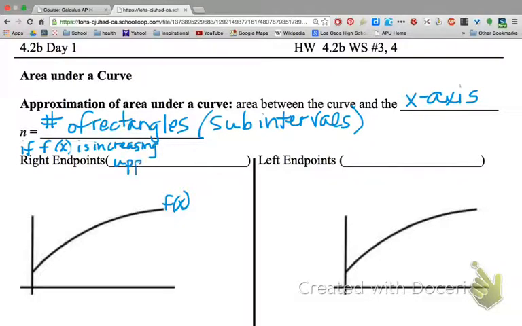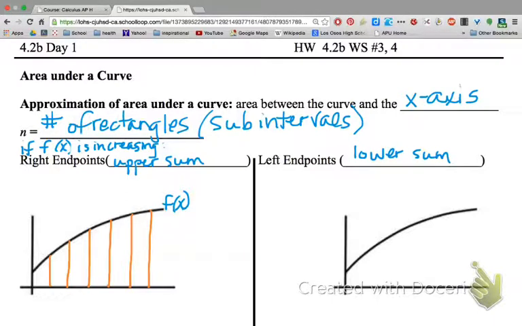You'll see here in a minute when I draw it in. And if it's increasing and I use the left endpoints, I'll get the lower sum. And again, you'll see what I mean when I draw these in.